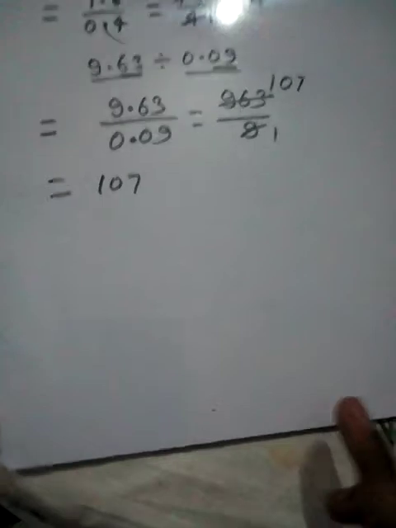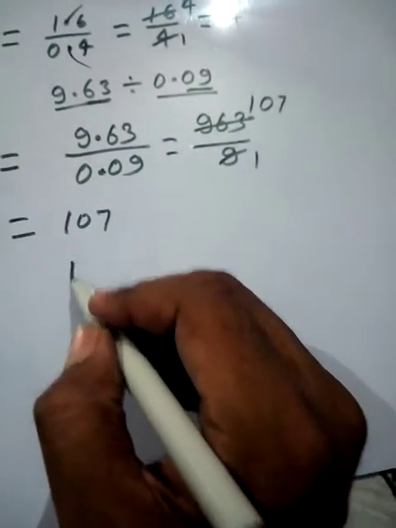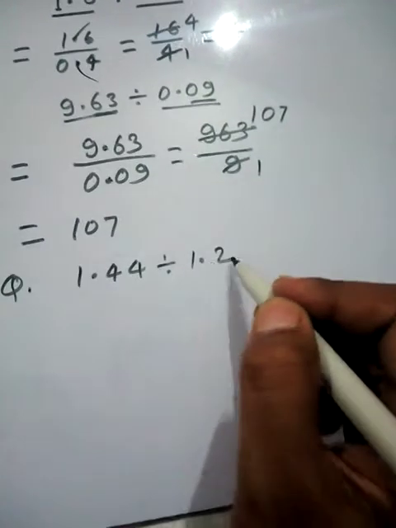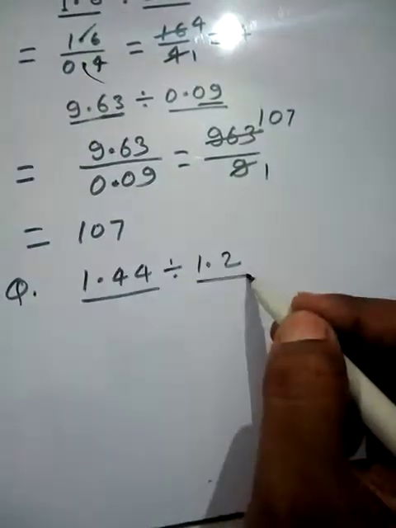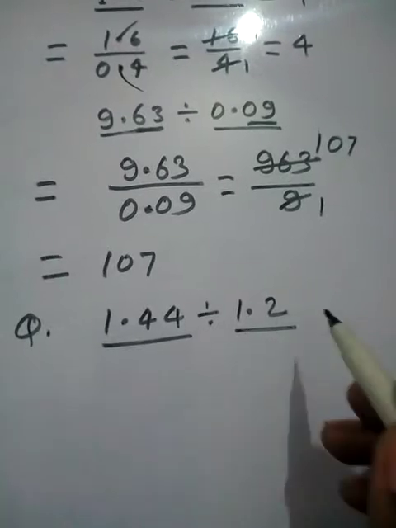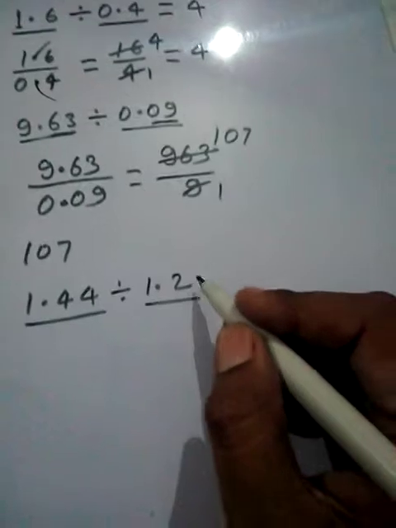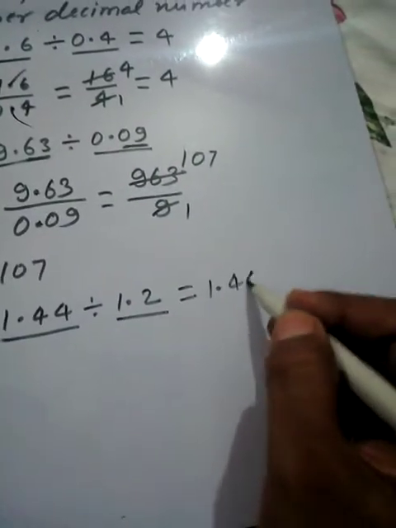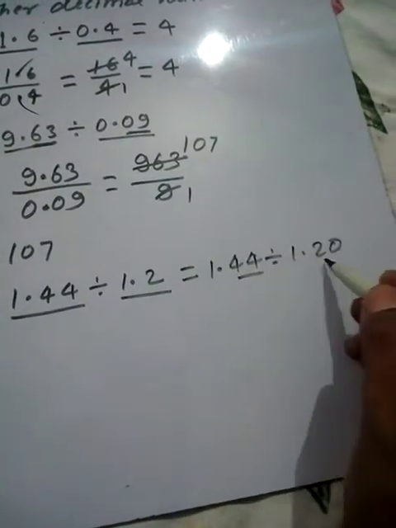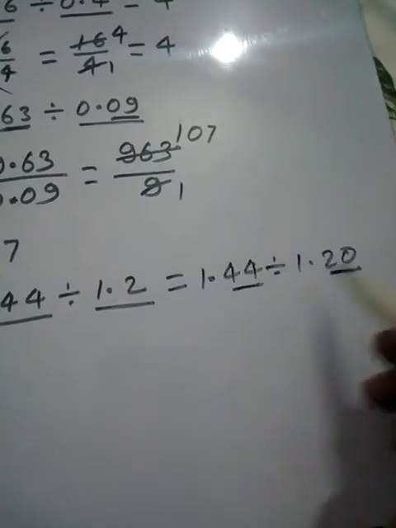Now students, I am taking another example. In this example, the question is 1.44 divided by 1.2. Both are decimal numbers, but you can see easily these two numbers are not like decimals. So you have to change these numbers into like decimals. Now you can write it as 1.44 divided by 1.20. Now these two numbers are like decimals because the number of digits on the right side of the decimal is the same, 2 and 2.